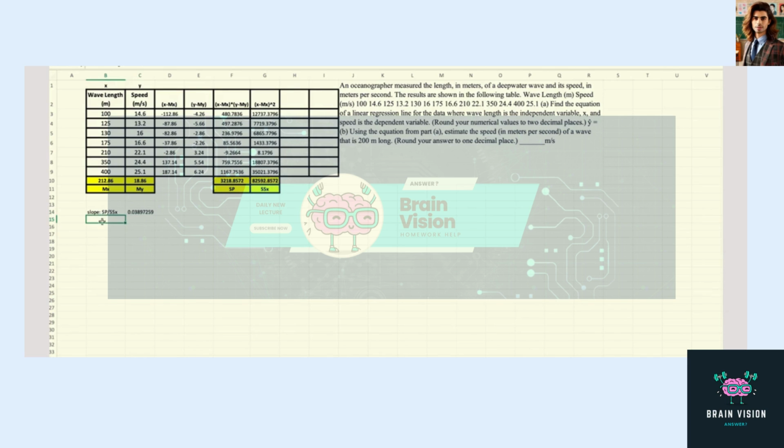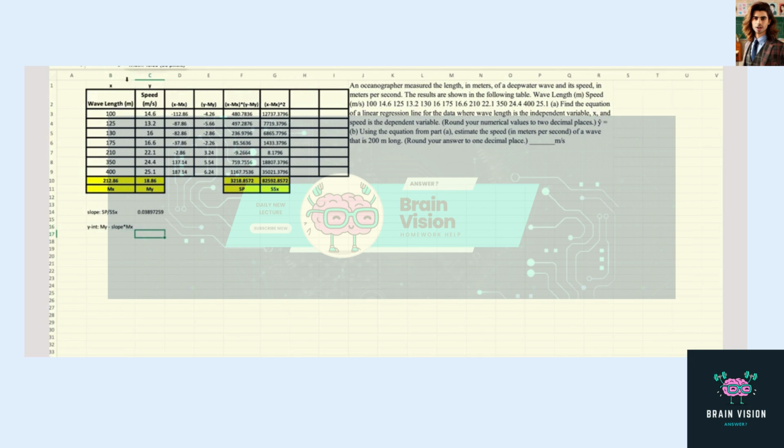Then to get my y-intercept, I'm going to take the mean of y and subtract the slope times my mean of x. So that's going to look like mean of y minus my slope times my mean of x.